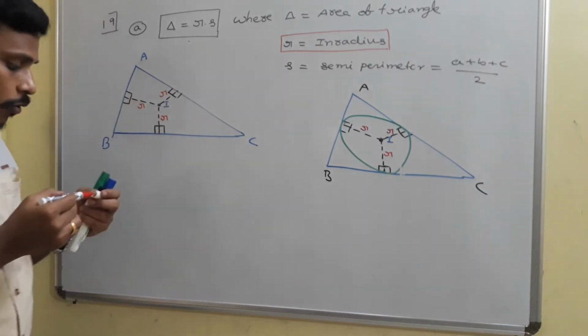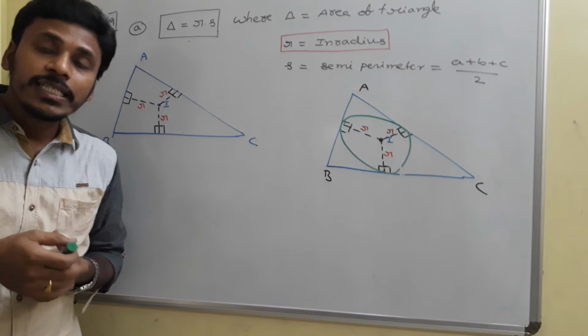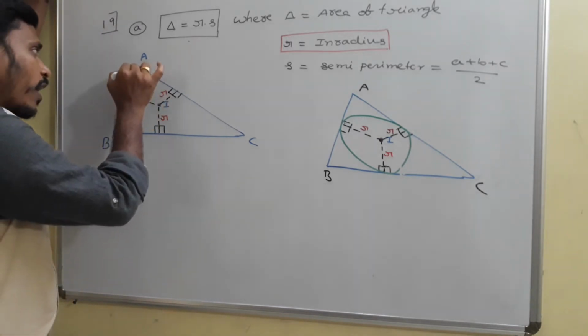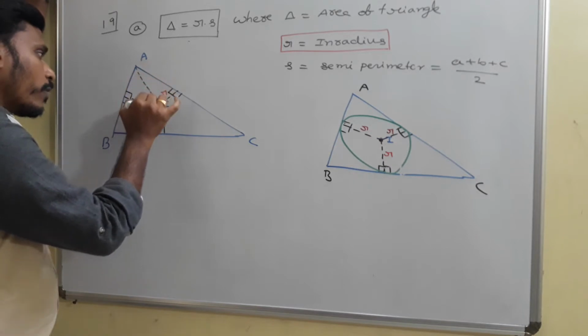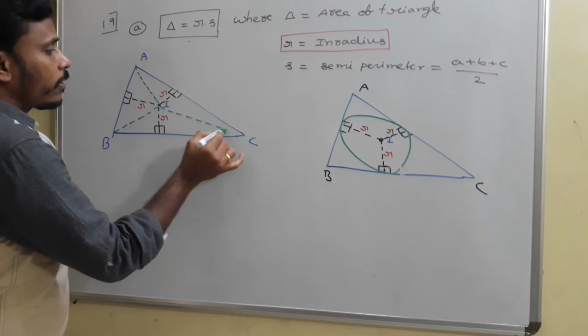Okay. Now the next thing I do is I will join that in center to the vertices. As a part of the proof, I will join the in center to vertex A, vertex B, as well as vertex C.